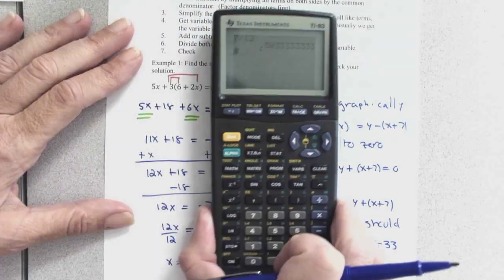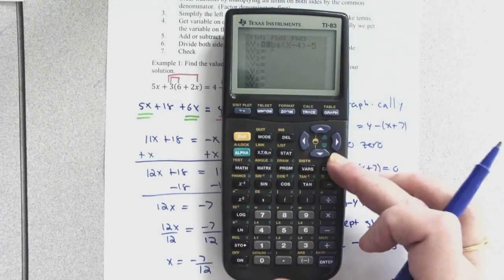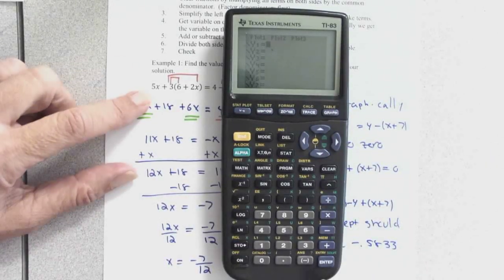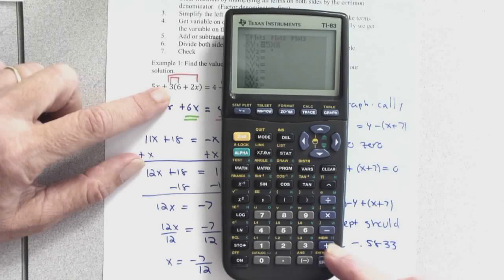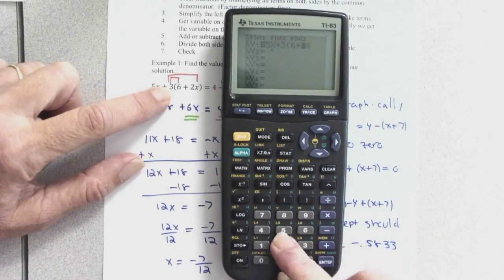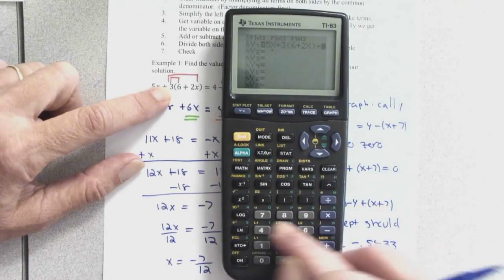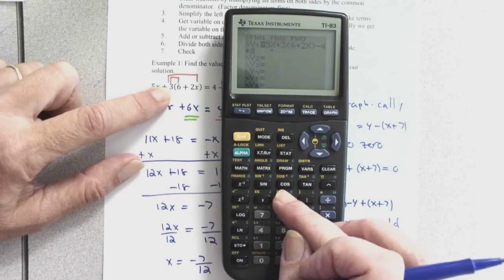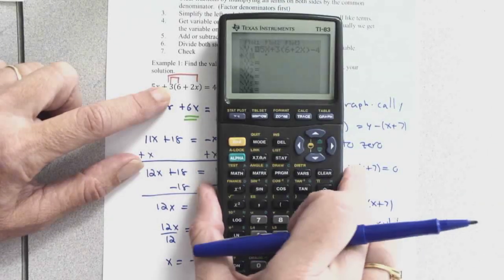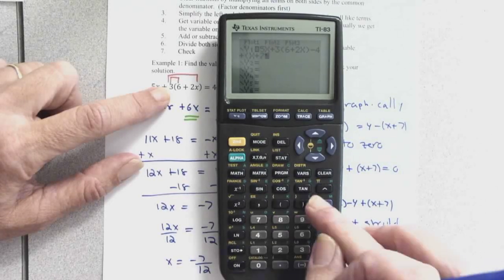So there you can see what we got there. So I'm going to press y equals, clear it, and then put in there what I had: 5x plus 3 parentheses 6 plus 2x in the parentheses minus 4 plus parentheses x plus 7.